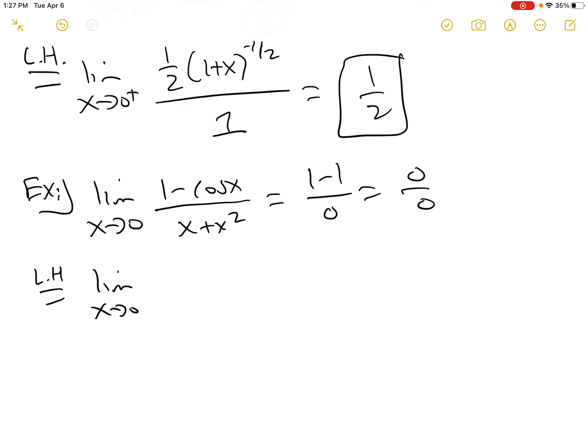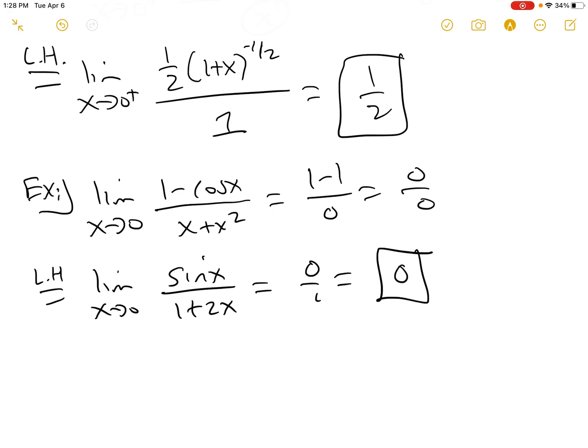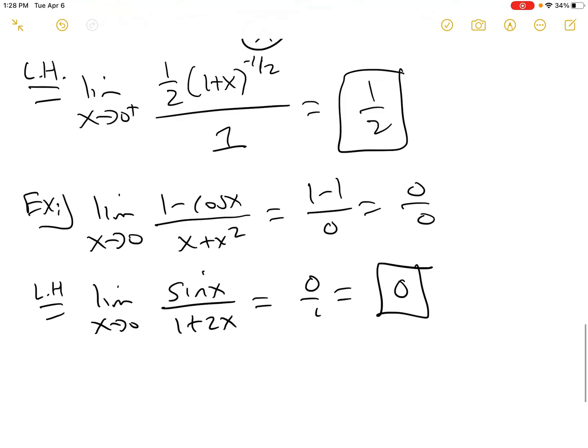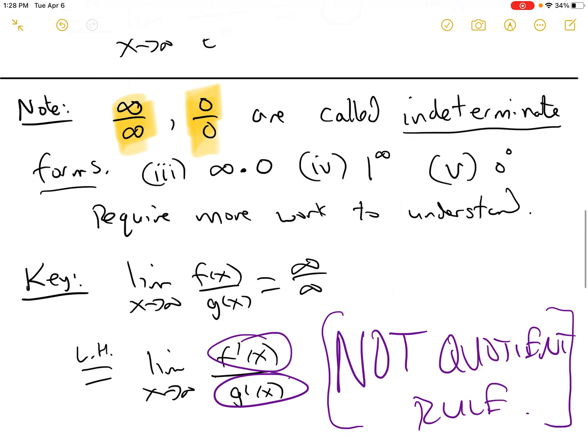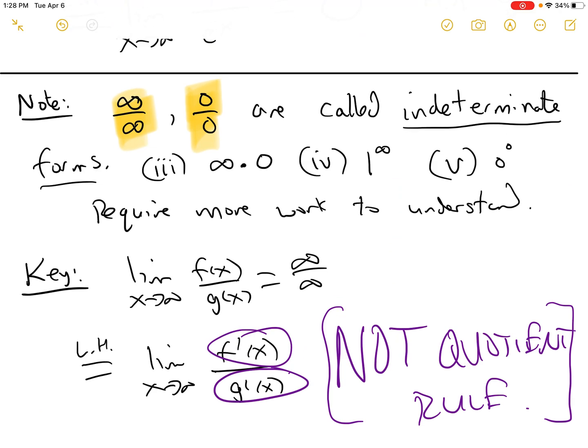The derivative of minus cosine is sine. And then you have 1 plus 2x. And that's 0 over 1, and that's 0. Okay. All right, so if it's infinity over infinity, 0 over 0, use L'Hopital.